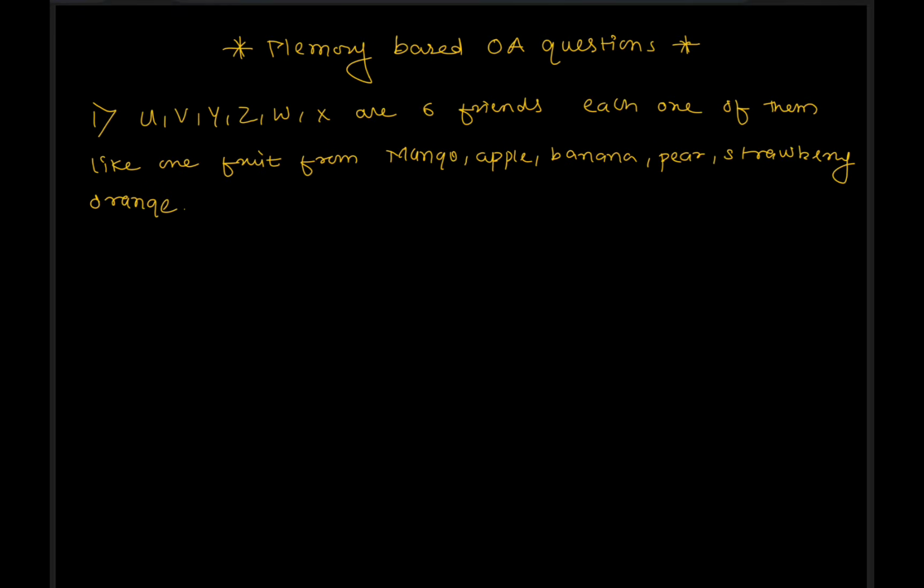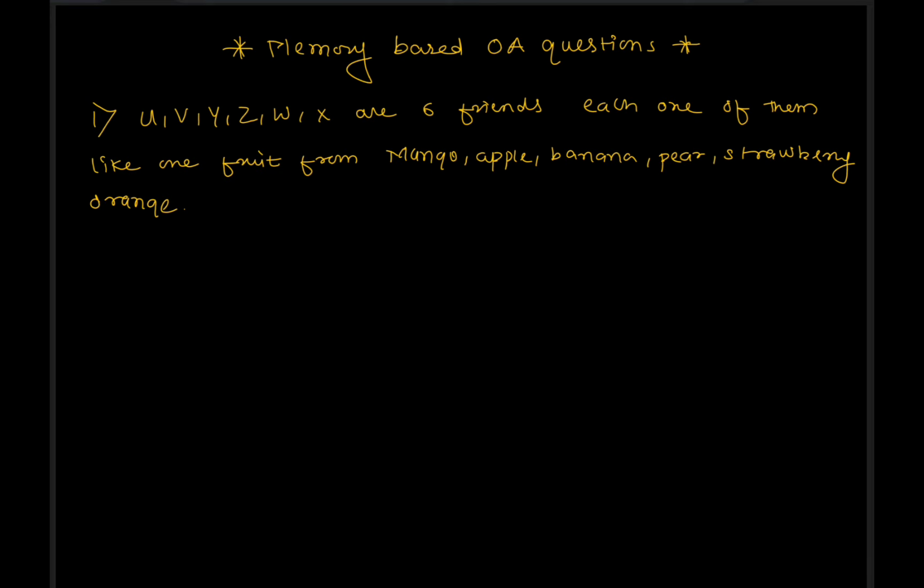Okay, so this was the first question. U, V, W, X, Y, Z are six friends, and each one of them likes one fruit from mango, apple, banana, pear, strawberry, and oranges.